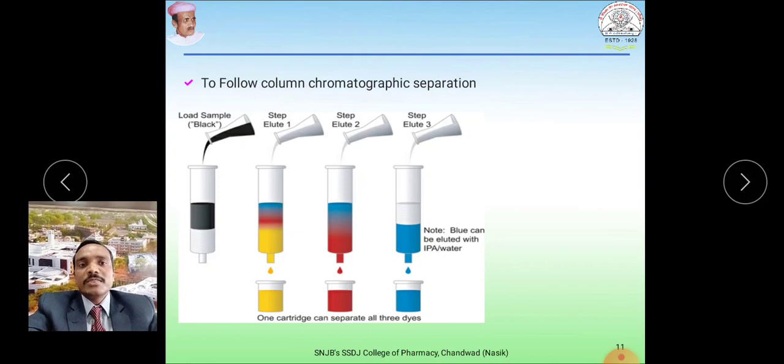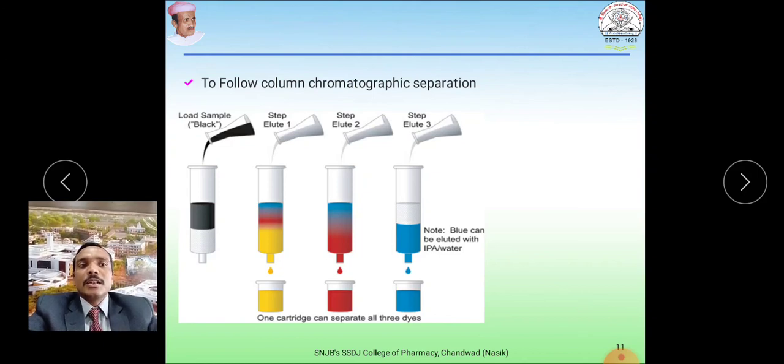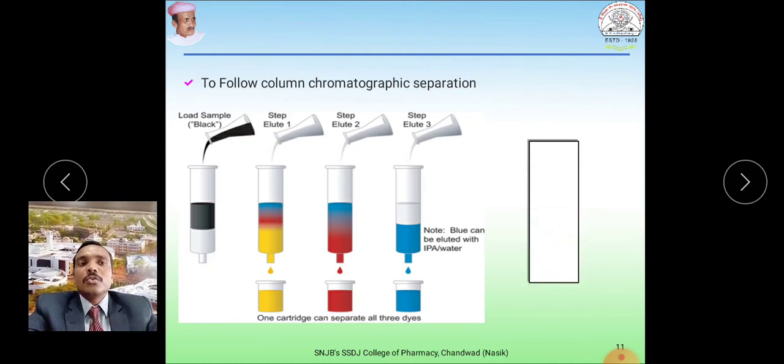Similarly, once it is finished, we can go for this red color that we can see here, using TLC again, to see whether it shows only a single spot or not. Likewise for the blue color, we have to run the TLC plate for the presence of only one spot. If we get one spot in a particular solvent, that means we are collecting the right one.